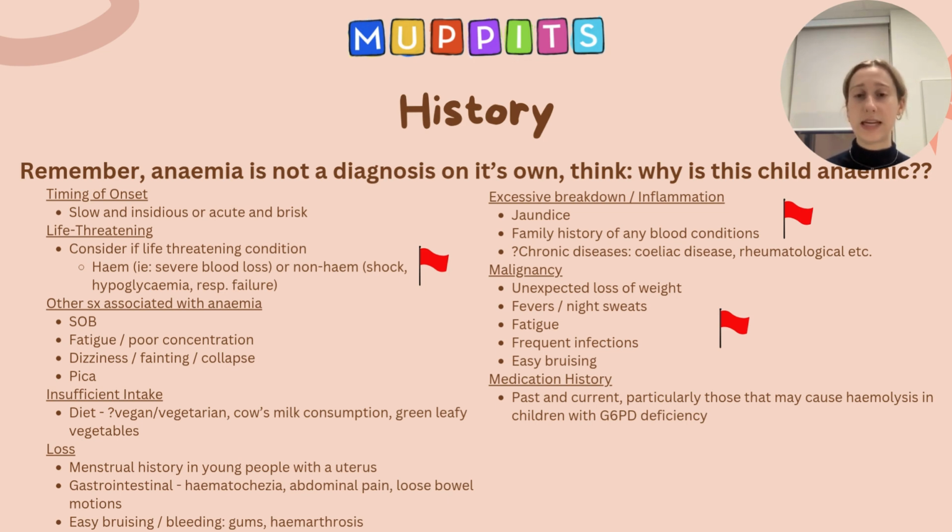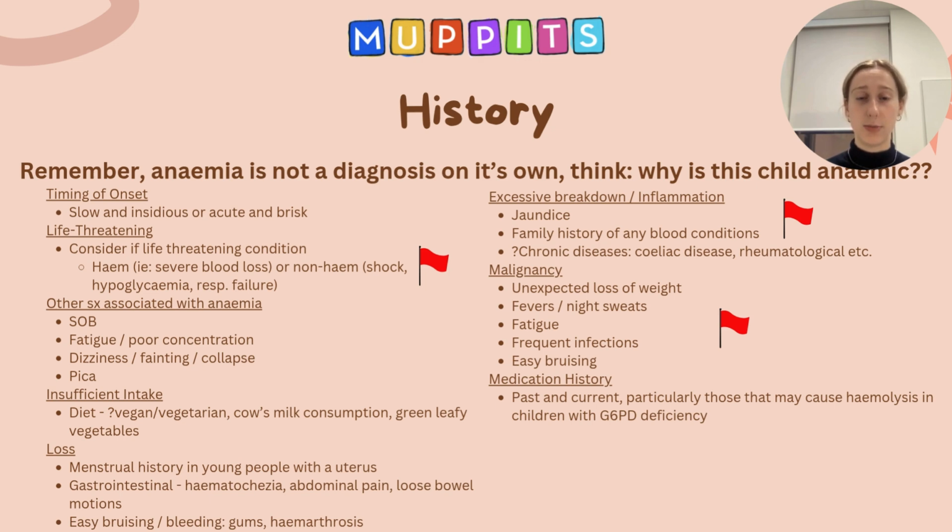And then in terms of intake, think about, is there insufficient intake of different nutrients like iron and B12 and folate? So is this child vegan or vegetarian? How much cow's milk do they consume?